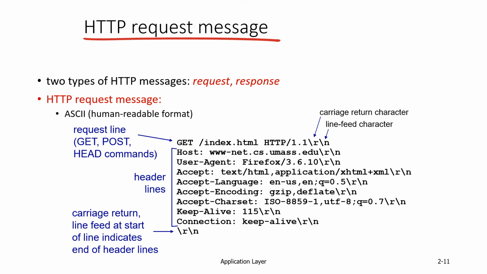There are two types of HTTP messages that we have discussed in general. The first one is the request and the second one is the response. The request message has a standard format which starts with GET.